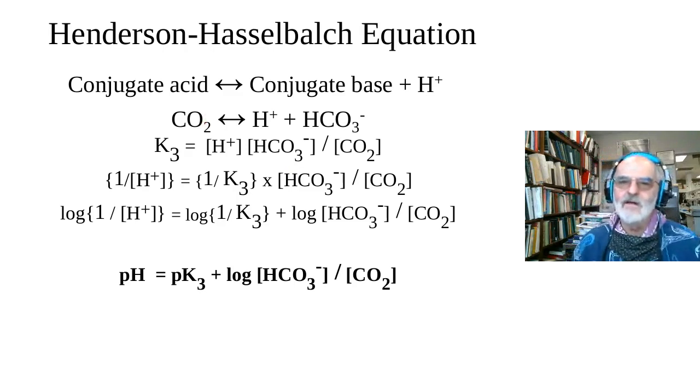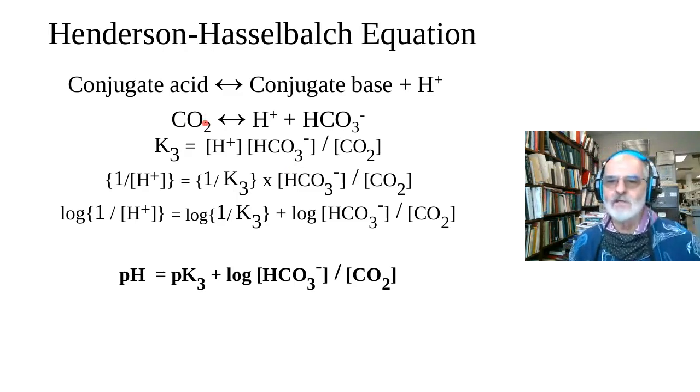Okay, and when you do that, you can write down that equation as a conjugate acid-base pair. Here's a rewriting of that equilibrium constant. And then we can rearrange this the same way we rearranged the equation in L3, bring proton to the left, K3 to the right. Take the logarithm of the entire equation.